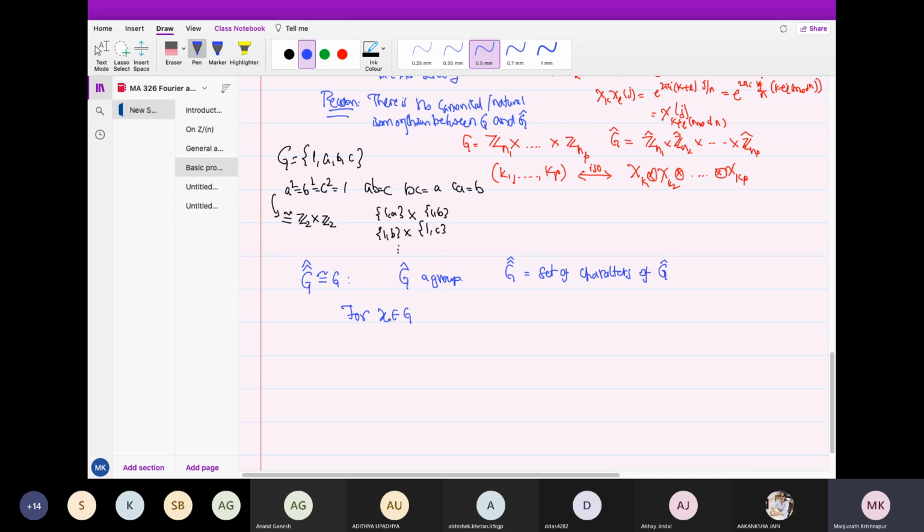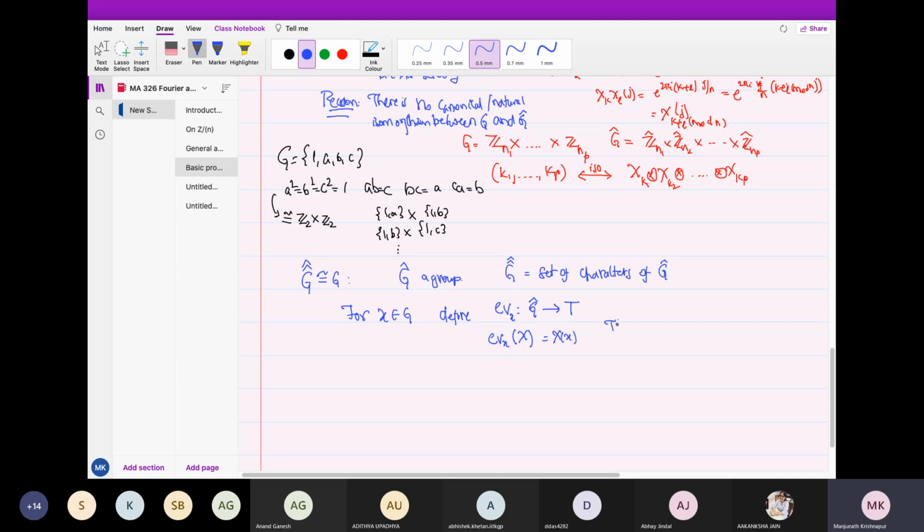So how is that? You take an x in G and define the evaluation map from G hat to the torus by evaluation at x: EV_x of chi will be just chi of x. So it's exactly evaluation at x, that is the mapping.